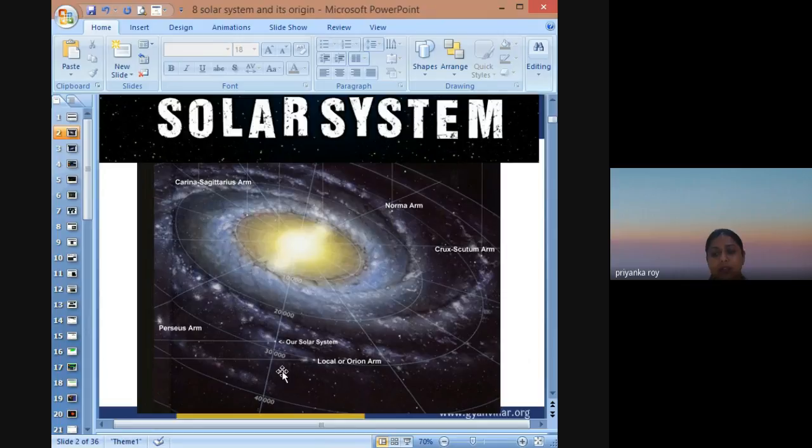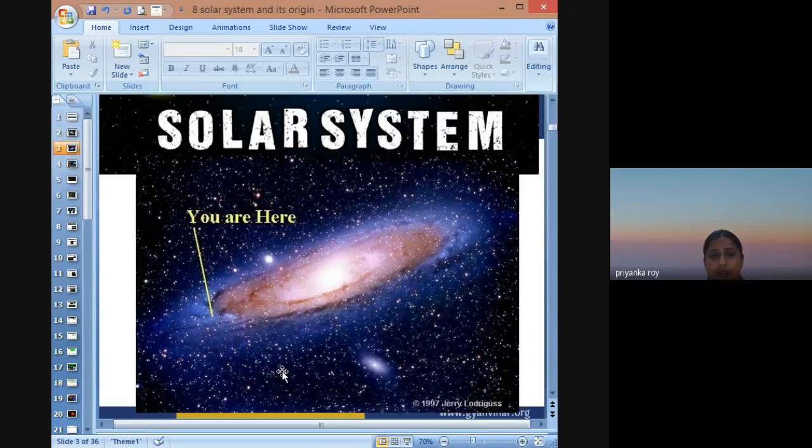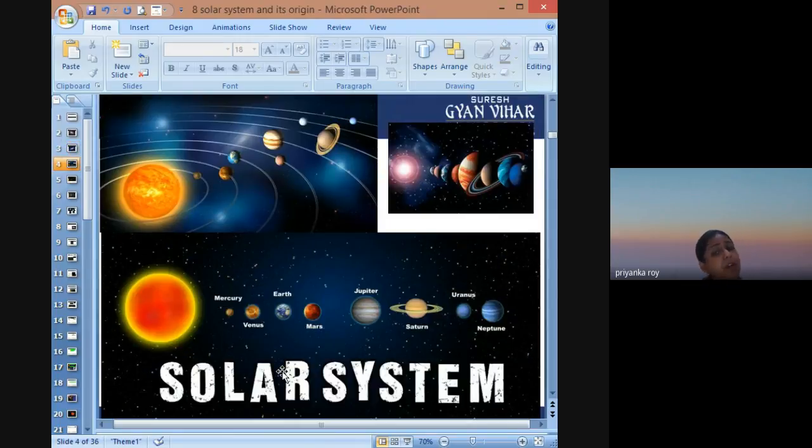So if you see here, we are just a very minuscule spot among these spiral galaxies in the universe. Apart from our galaxy, we have many other galaxies, moving and expanding with the expanding universe ever since.